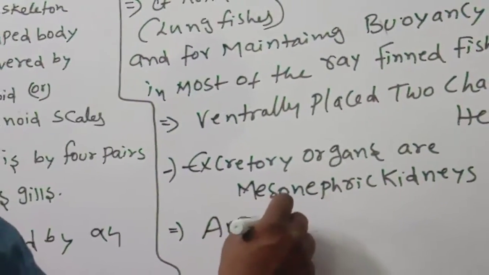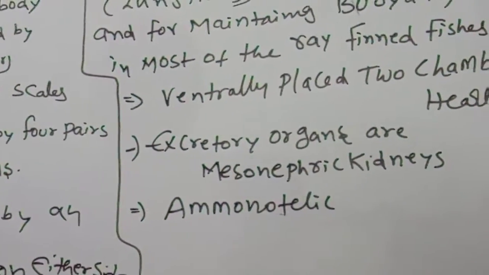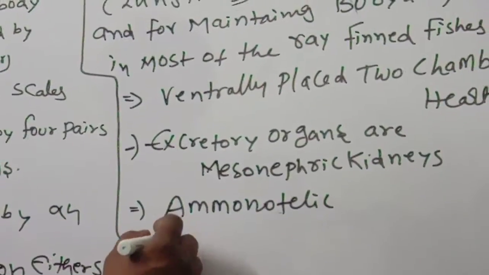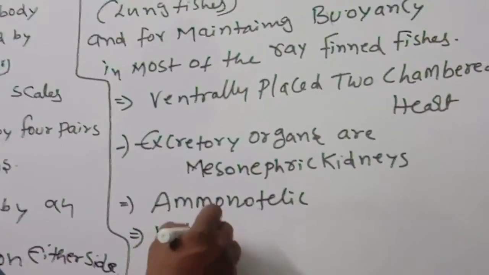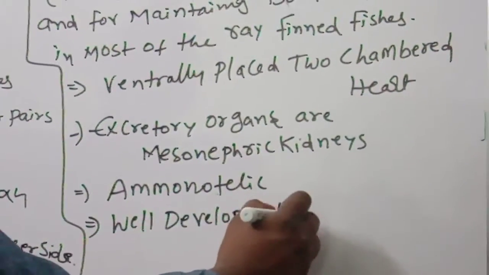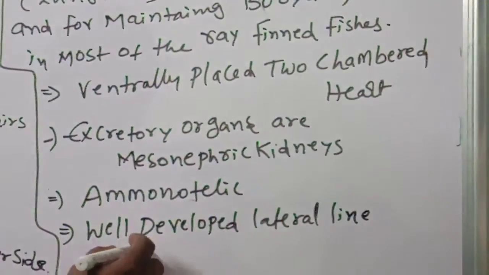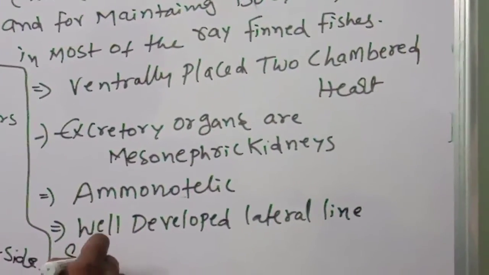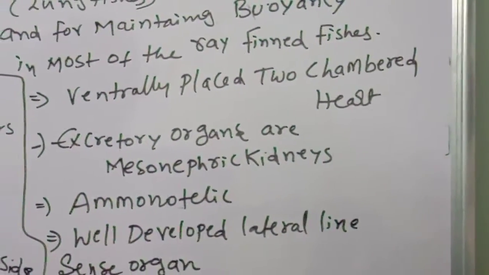The meaning of ammonotelic is that their excretory material is ammonia. Very important: a well-developed lateral line sense organ is present.